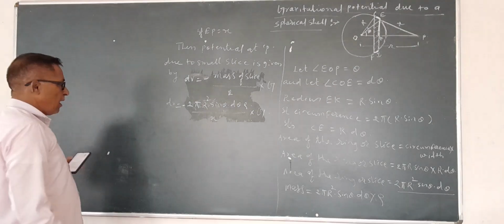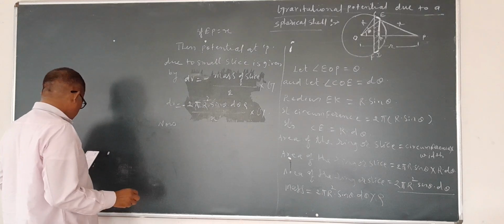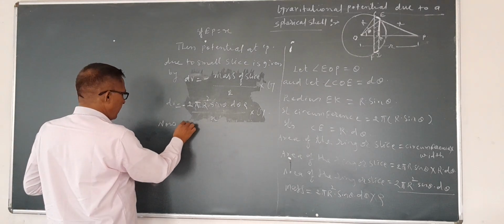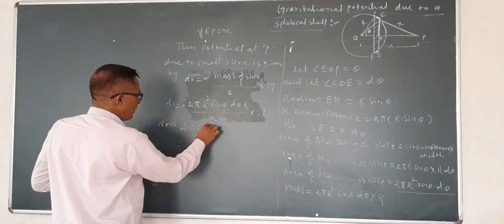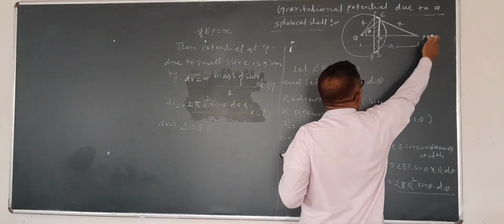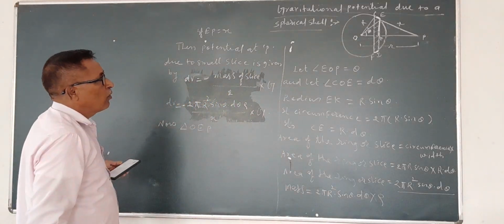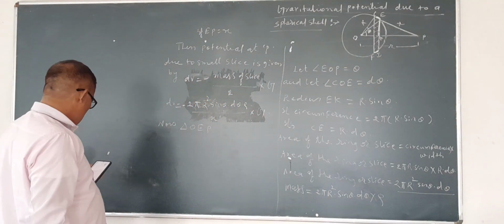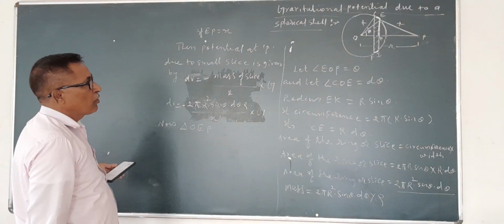Therefore now, in triangle OEP, for calculating the value of the constants, we use the cosine law.